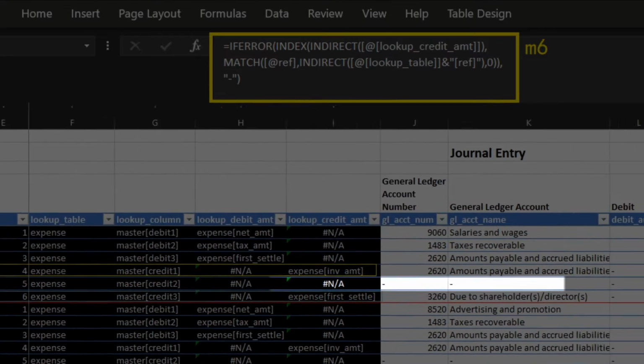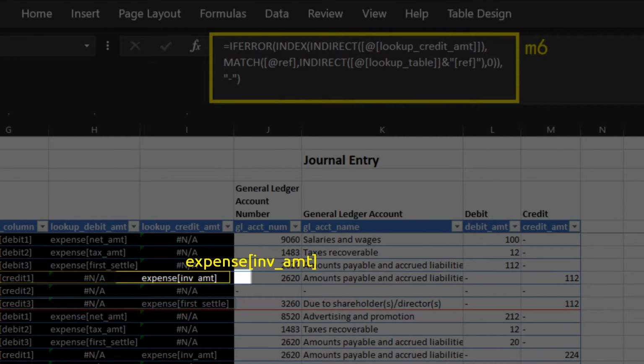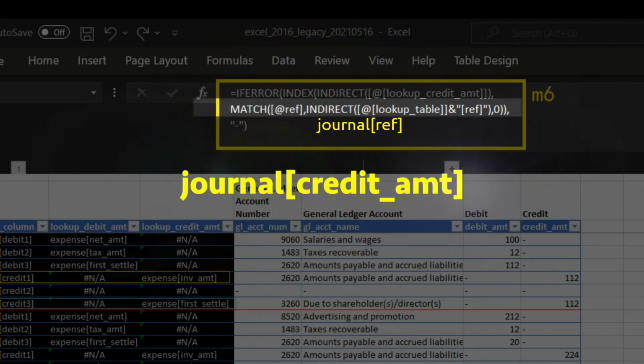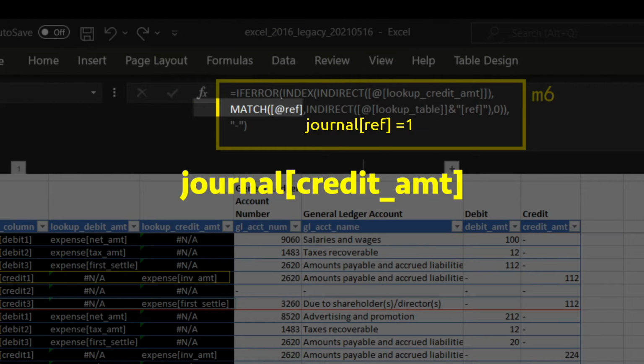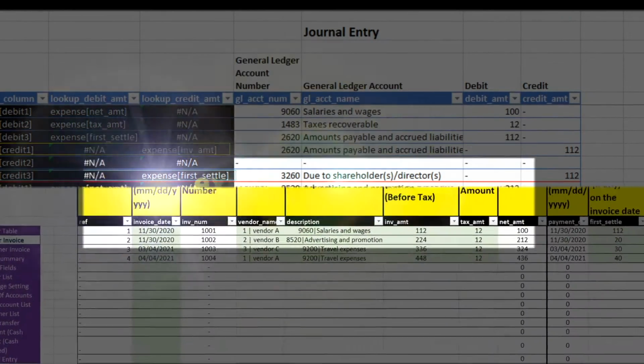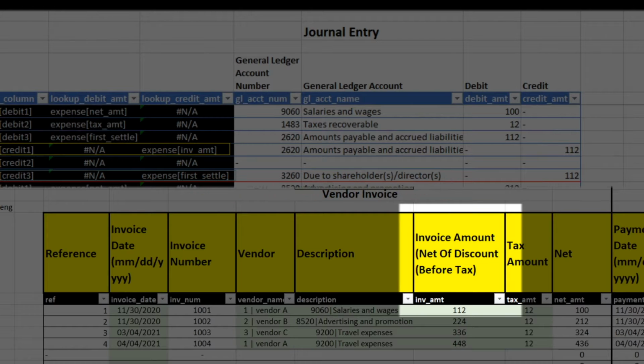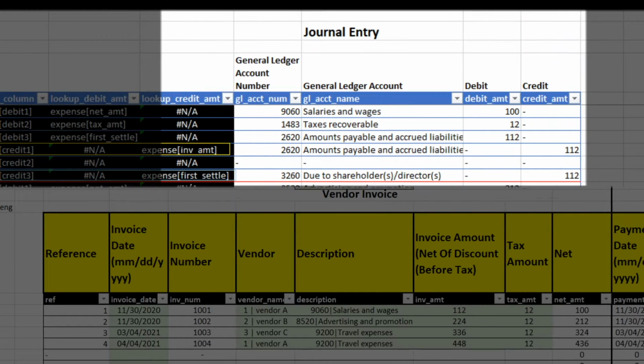So when we go back to the credit amount column for position 4, we're looking up to the expense table's invoice amount column with the match of the reference 1 to the reference 1 of the expense table. Here is the $112 for the invoice amount that appears at the position 4.